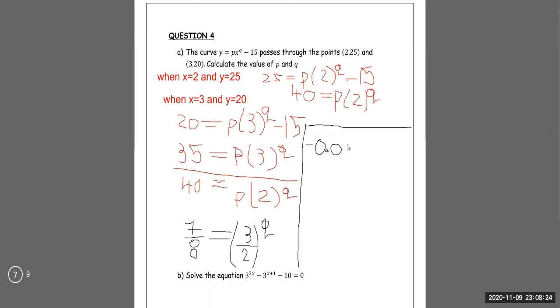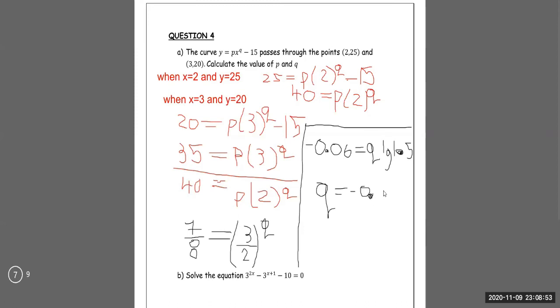And that's going to be equal to q times the log of 3 over 2, or as we can say, the log of 1.5. So now for q, we just need to divide both sides by the log of 1.5. We get that q is equal to negative 0.06 over the log of 1.5.